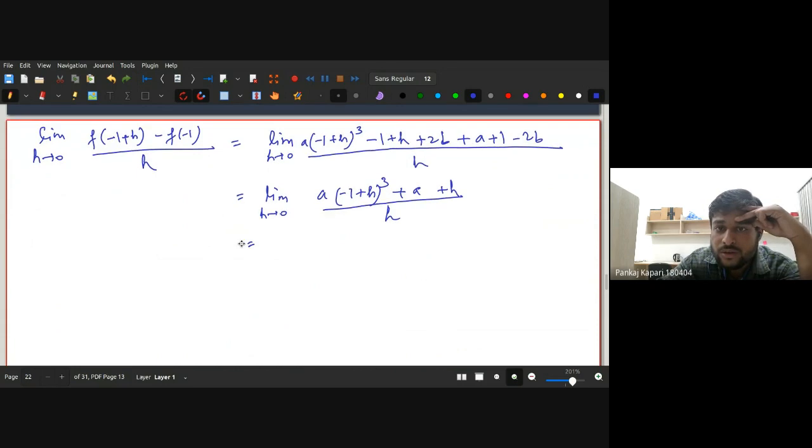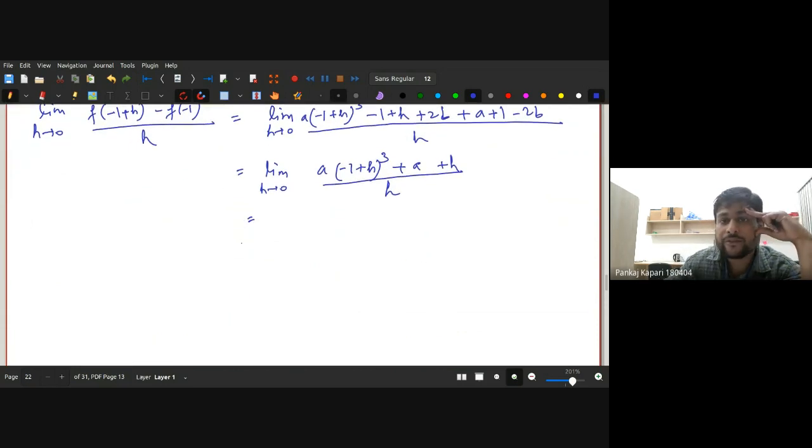If you actually open this bracket, then minus 1 to the whole cube is just minus 1, and that will cancel with a. Then there will be higher powers of h. If you expand this, only the constant term is minus 1, so that cancels with a, and the other terms will always contain h. If you take the limit as h tends to 0, everything becomes 0. This limit is exactly equal to 1, because you can divide this h by this h.